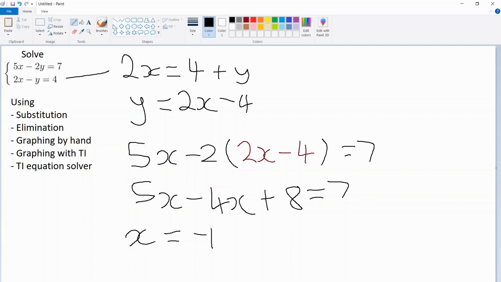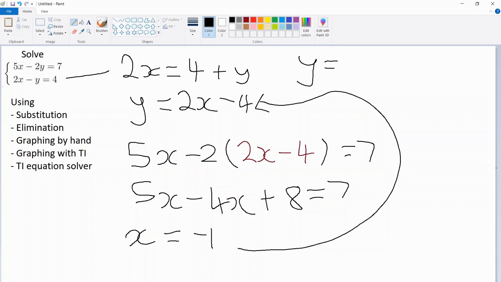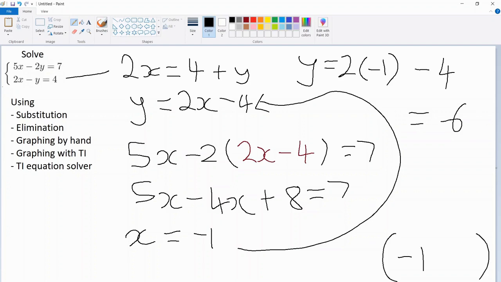Then we need to substitute that back into, I might as well just put it back into this equation. So y equals 2 bracket minus 1, minus 4. 2 times minus 1 is minus 2, minus 4 is negative 6. So my final answer is x equals minus 1, y equals minus 6.